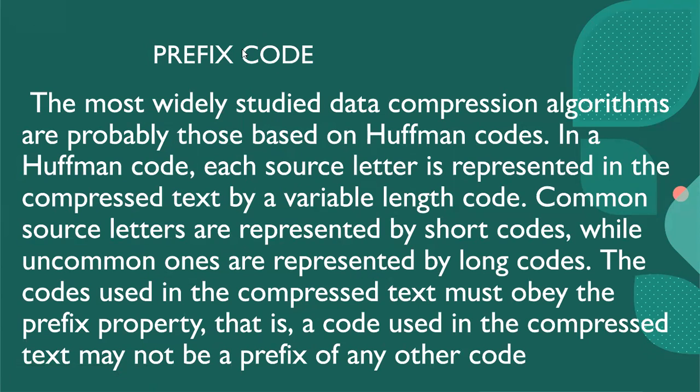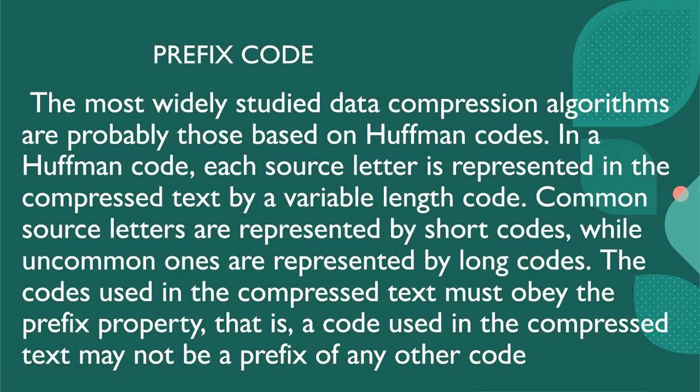which is used in splay trees to store the data. One of the most widely used and studied data compression algorithms is probably the one based upon Huffman codes. In a Huffman code, each source letter is represented in the compressed text by a variable length code, and the common source letters are represented by short codes, while uncommon ones are represented by long codes.